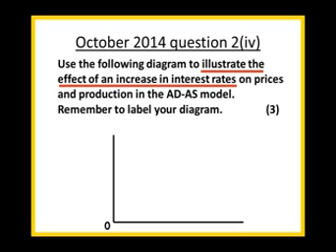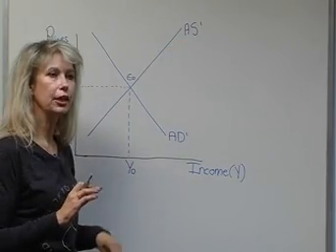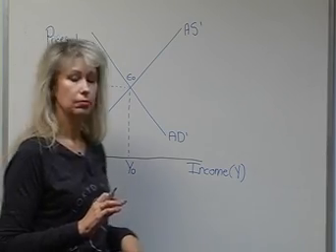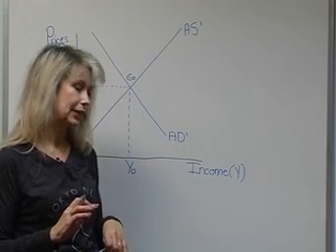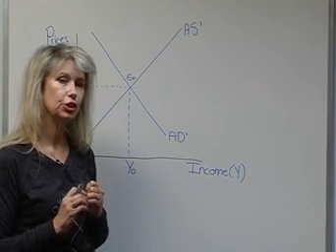Now the question says, illustrate the effect of an increase in interest rates. So we have to think, is aggregate demand or aggregate supply going to be affected by the interest rate level? Now, in your textbooks, there are 2 tables, Table 19.1 and Table 19.2.